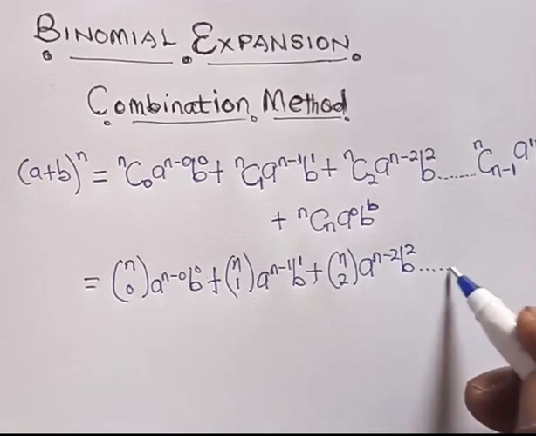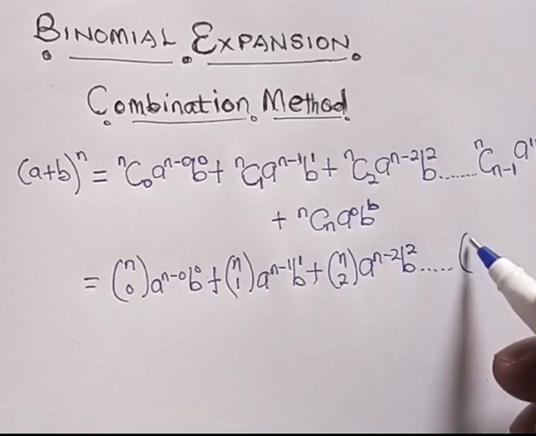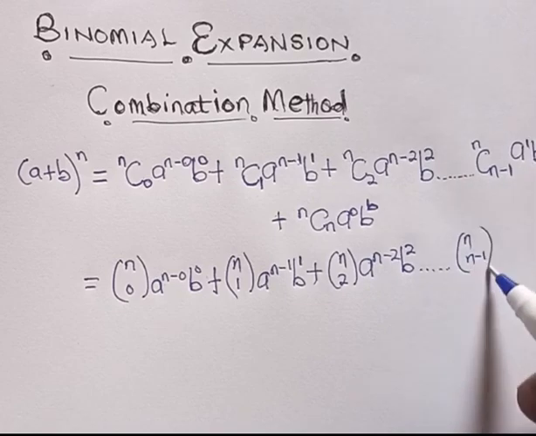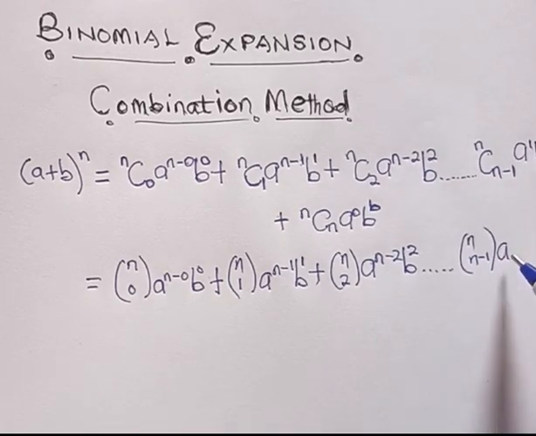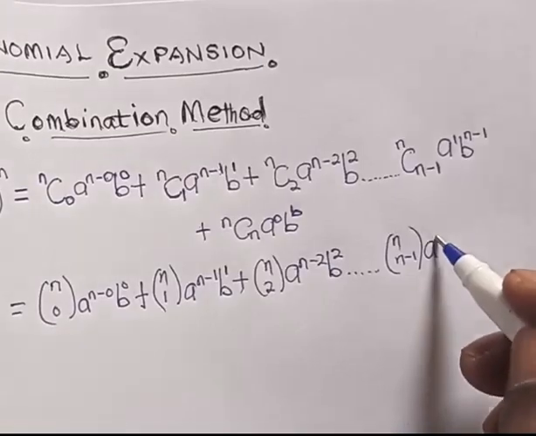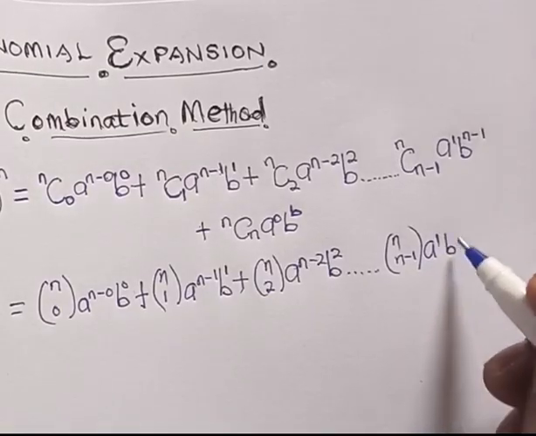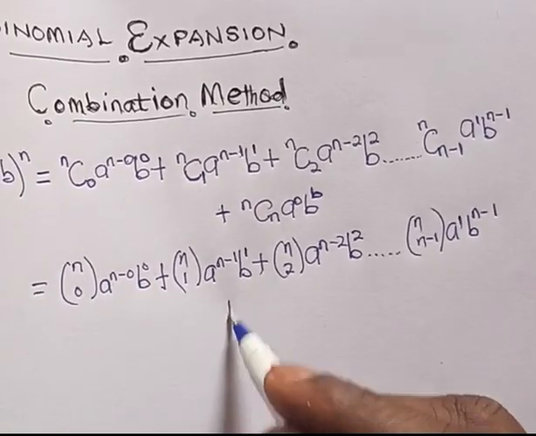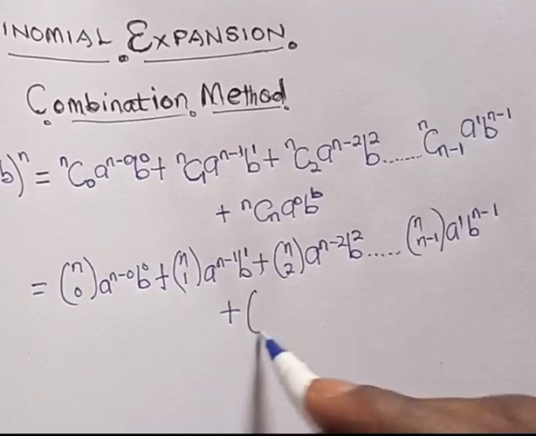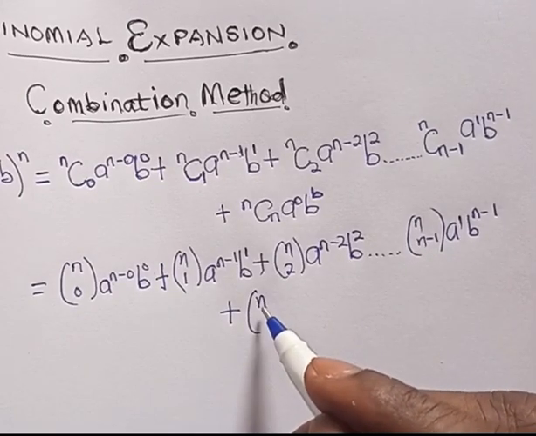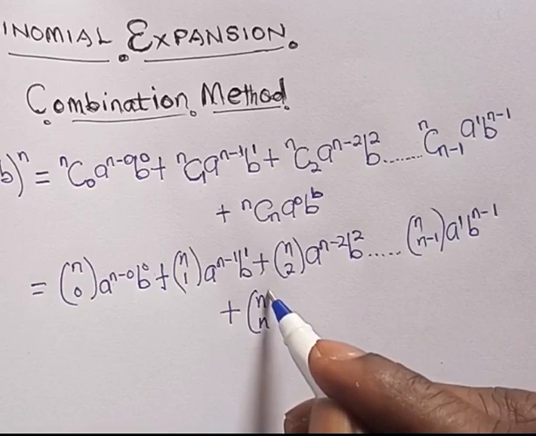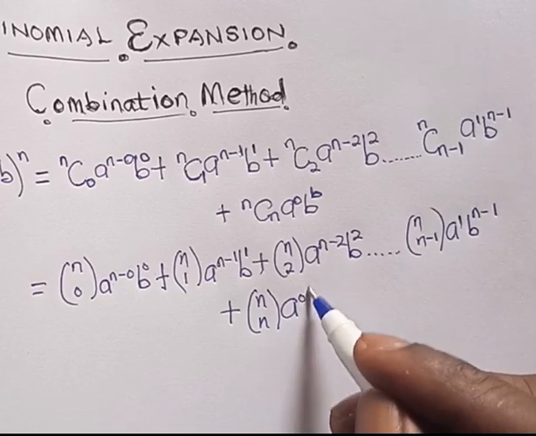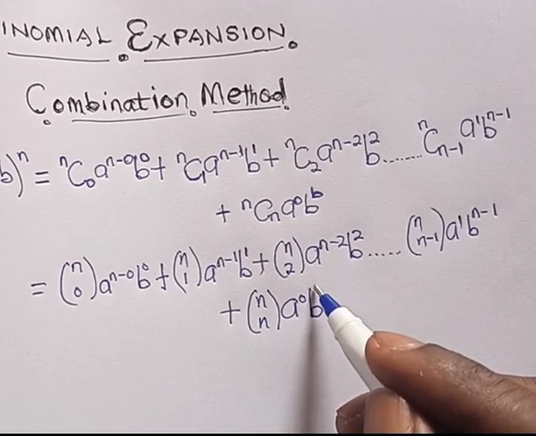Then we can continue, and here too we can write n, then n minus 1, then a exponent 1, b exponent n minus 1. And if I continue from here, I'm going to write n as the exponent and n as the base. Then I have a exponent 0, where b is exponent n.